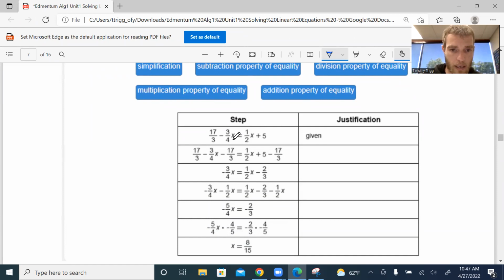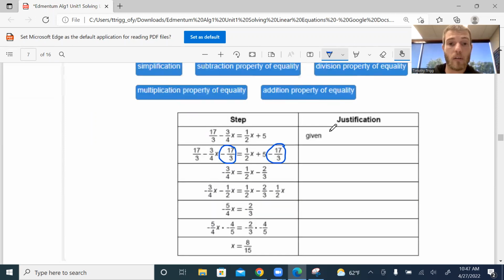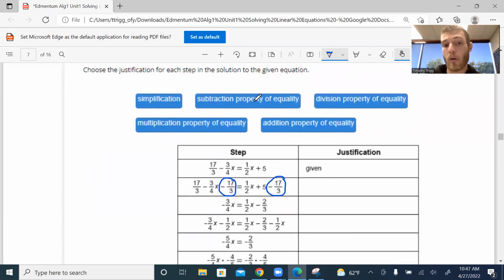What they did is, well, let's see. It looks like they subtracted 17/3 on both sides of the equation. So whenever you subtract to both sides, that's the subtraction property of equality.